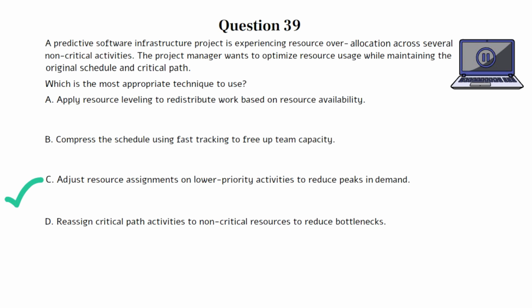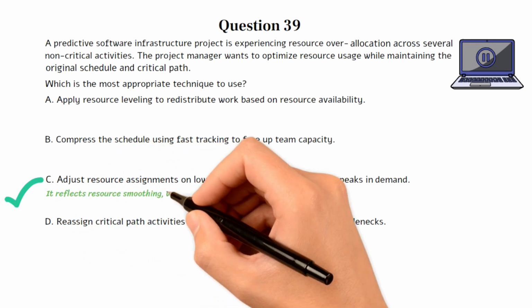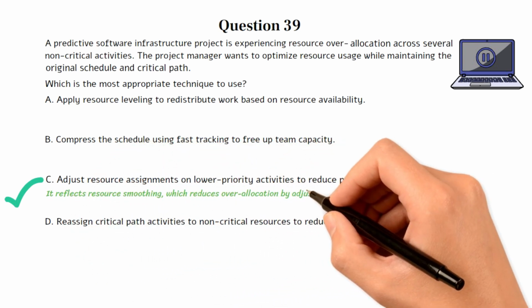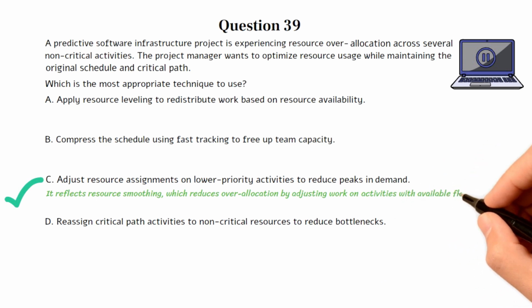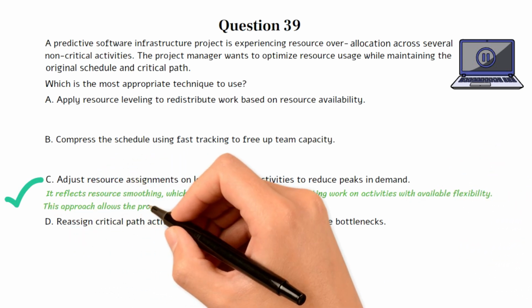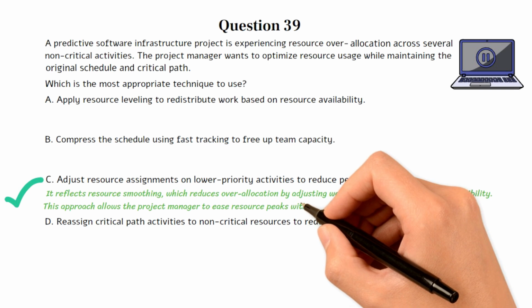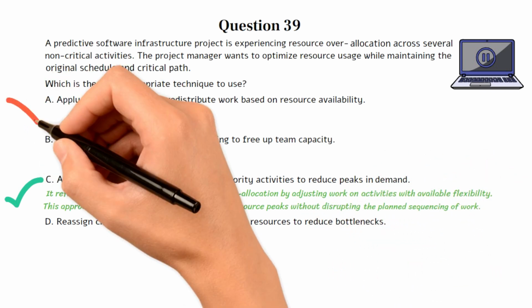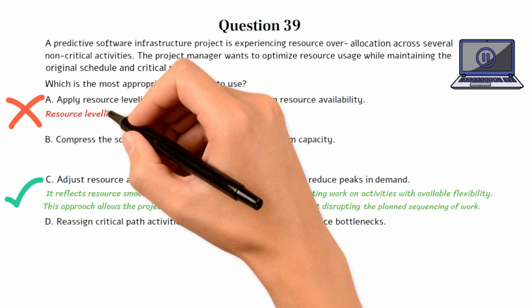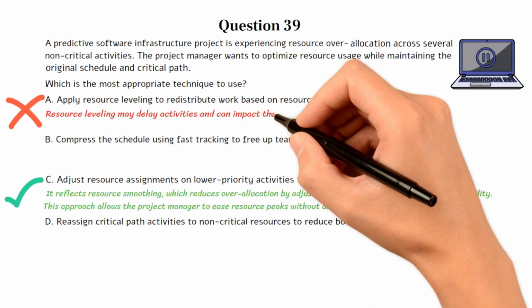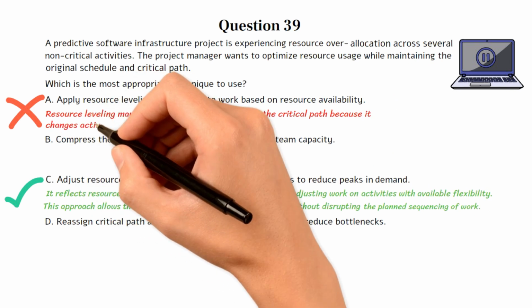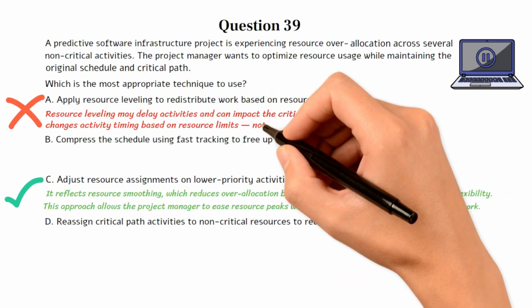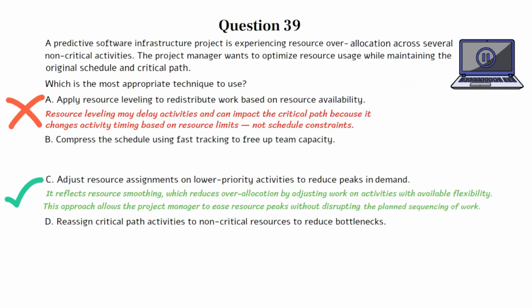Choice C is the best option because it reflects resource smoothing, which reduces overallocation by adjusting work on activities with available flexibility. This approach allows the project manager to ease resource peaks without disrupting the planned sequencing of work. Choice A is incorrect. Resource leveling may delay activities and can impact the critical path because it changes activity timing based on resource limits, not schedule constraints.